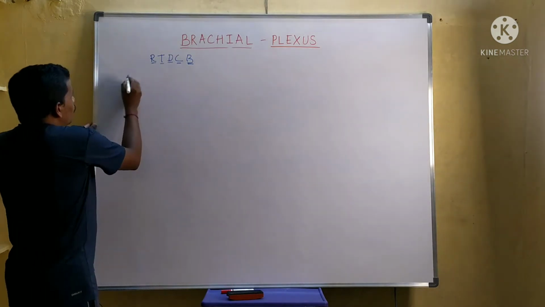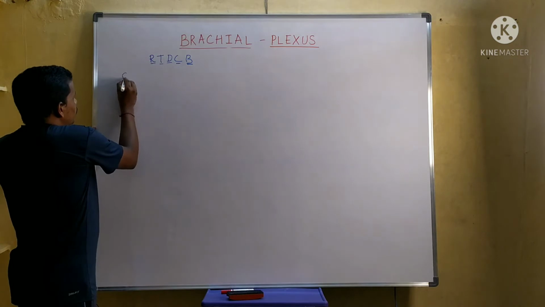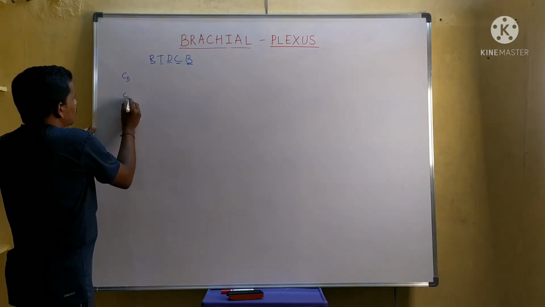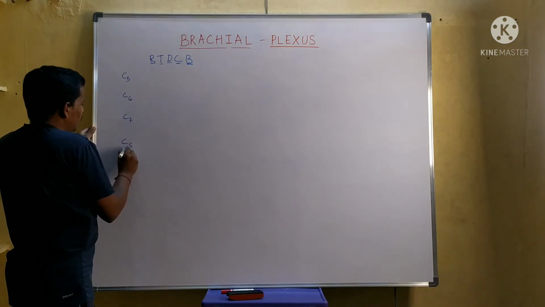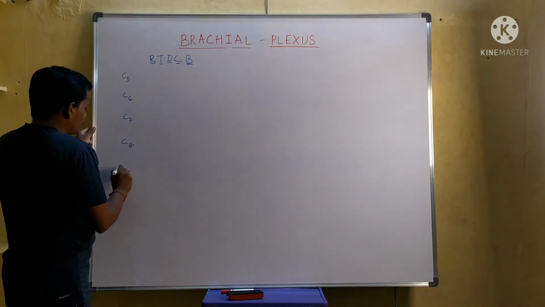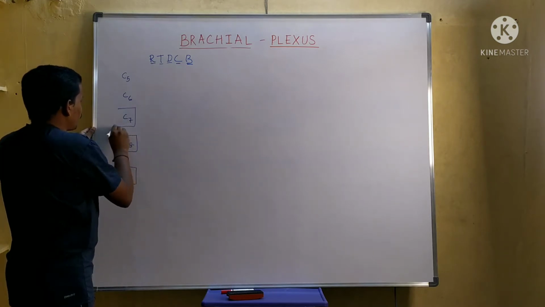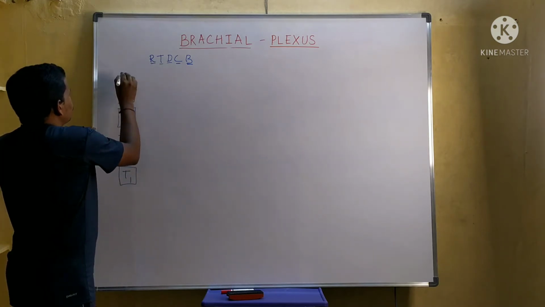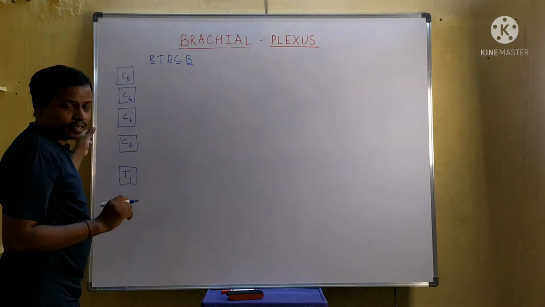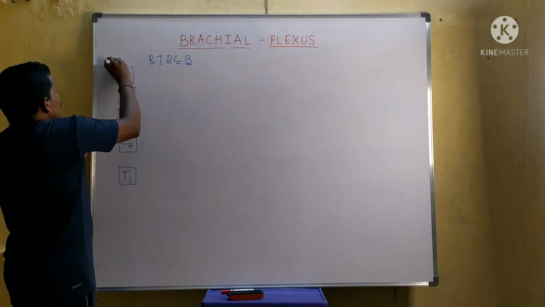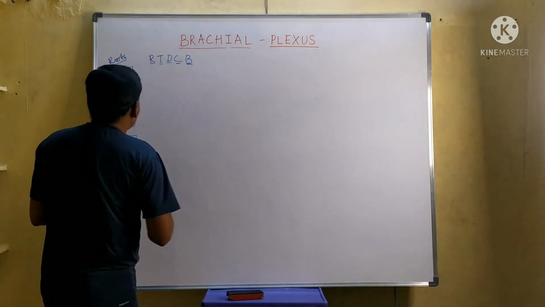Now, what are roots? The contributions C5, C6, C7, C8, T1 indicate the roots.